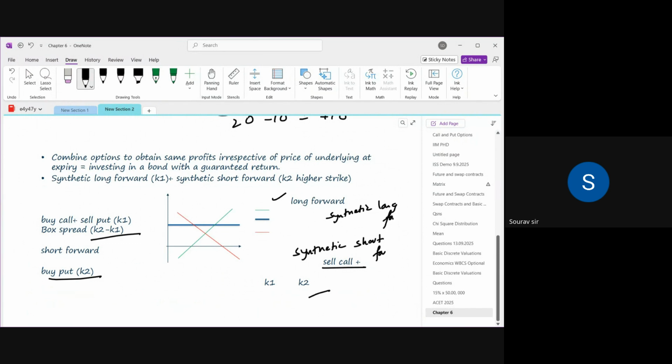So combining them, you get a long forward at K1 plus a short forward at K2. So the box spread payoff is constant, K2 minus K1. A box spread is a combination of bull and bear. It always produces a risk-free payoff equal to the difference between two strikes. Again, we have a sum.